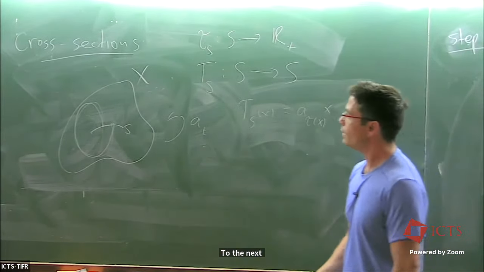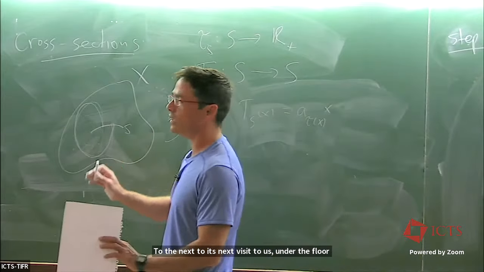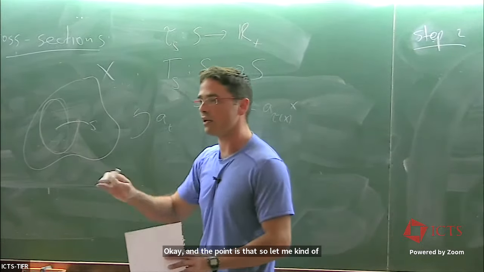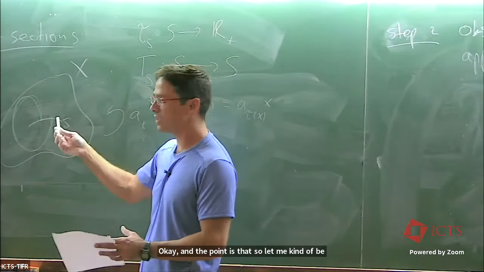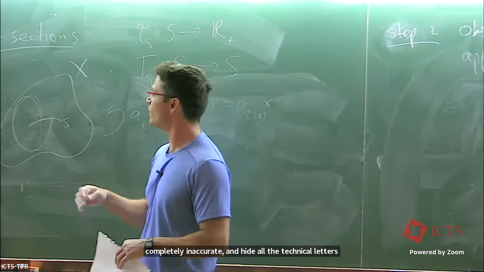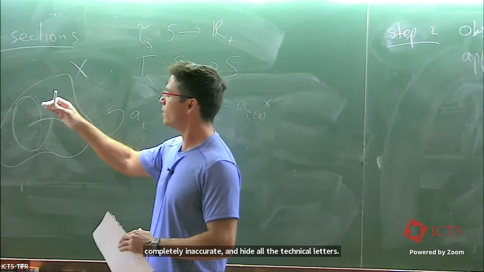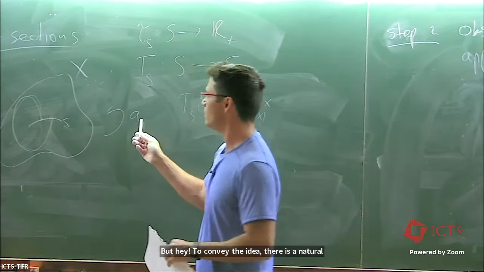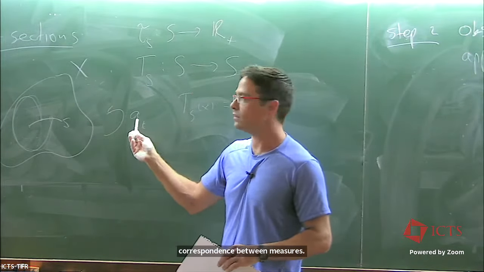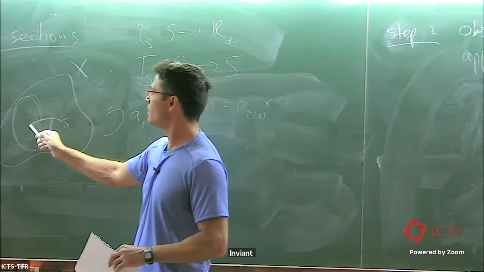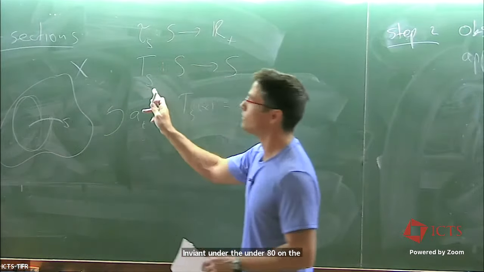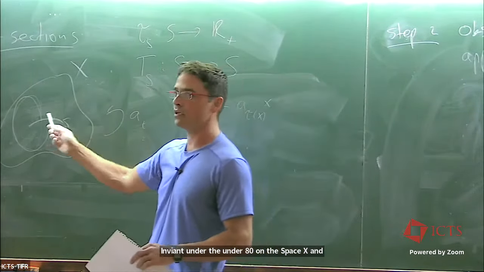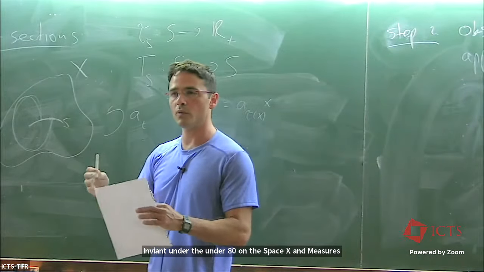Okay, and the point is that, so let me be completely inaccurate and hide all the technical details, but to convey the idea, there is a natural correspondence between measures invariant under a_t on the space X and measures invariant under the first return map on the cross section. And the correspondence between measures is quite explicit.